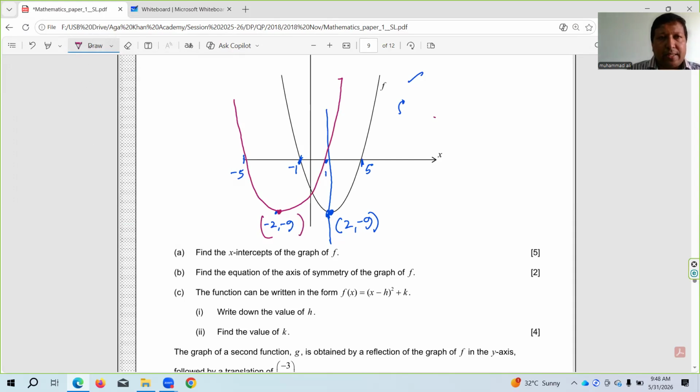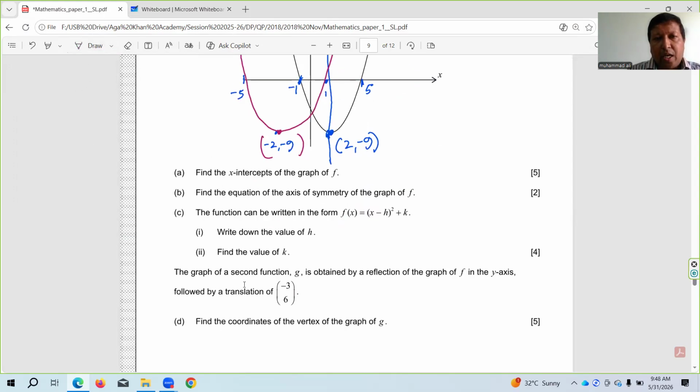Only the x value changes. It was 2, so it will be minus 2. Previously the x value 5 is converted to minus 5, and minus 1 converted to 1. Find the coordinates of the vertex of g.